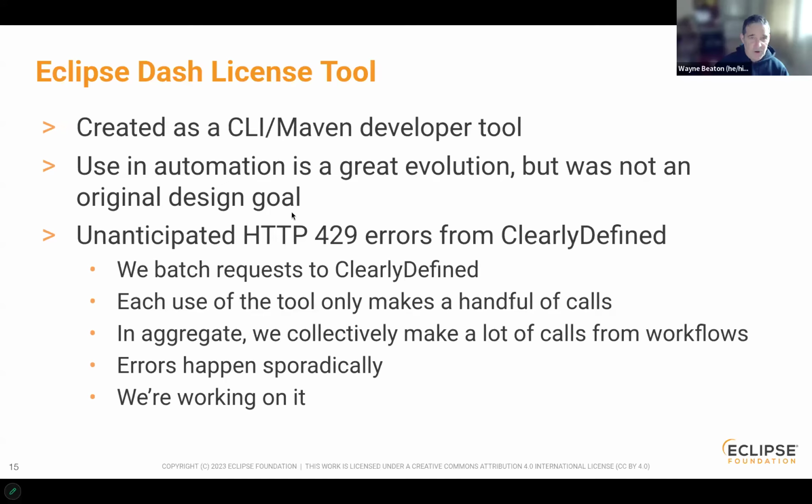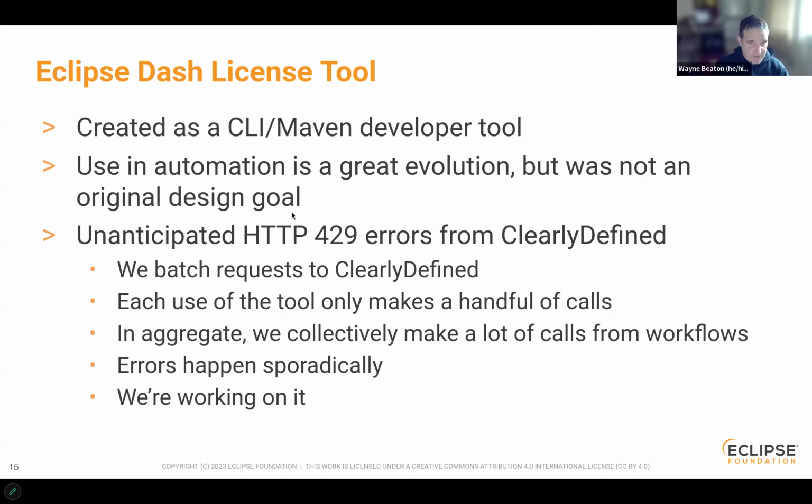It never really was a priority to figure out how to manage rate limiting on ClearlyDefined because the original use of the tool, the individual use of the tool, gets nowhere close to the rate limits. Unless you are running the tool on every pull request and your project is very active and you are running on the same infrastructure as hundreds of other projects, right?